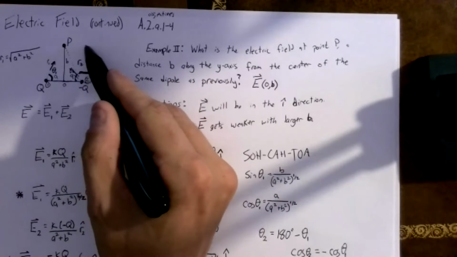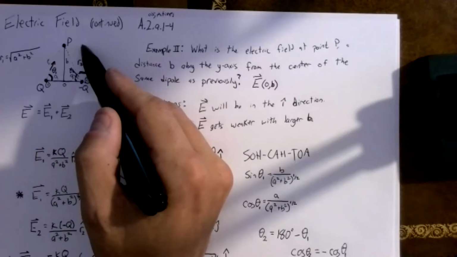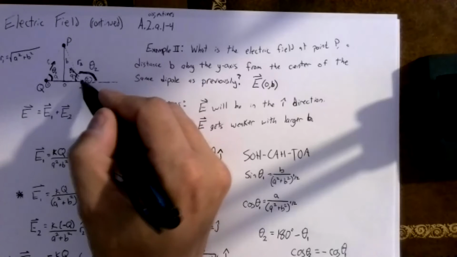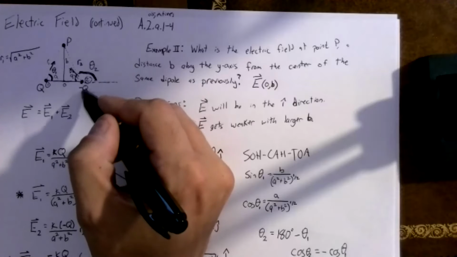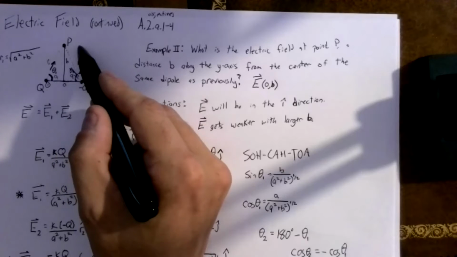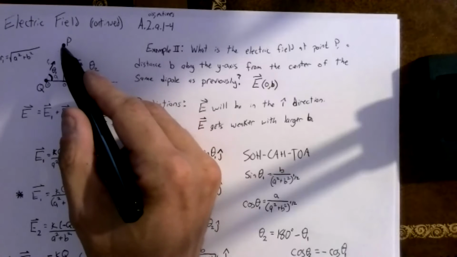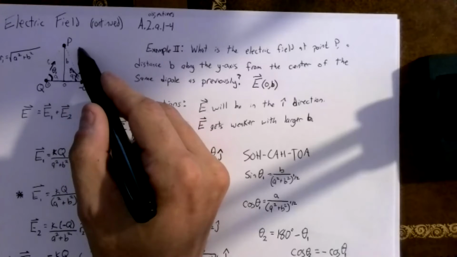Charge Q tends to push it to the right, upwards as well, but to the right in that direction. But then this minus Q charge, that's negative, that's going to pull a charge over here towards it. So both of these charges are tending to push a positive charge here to the right.